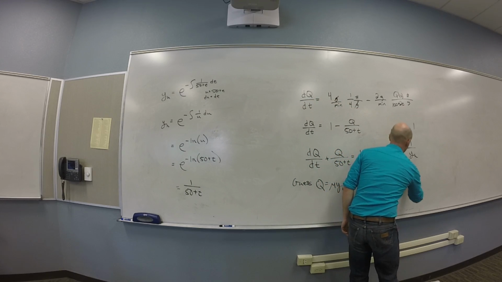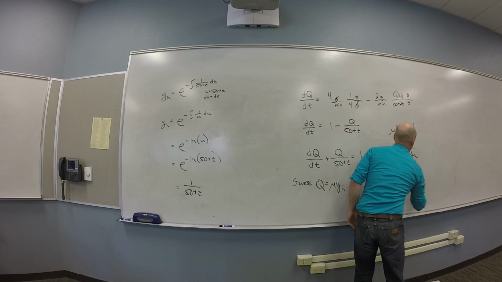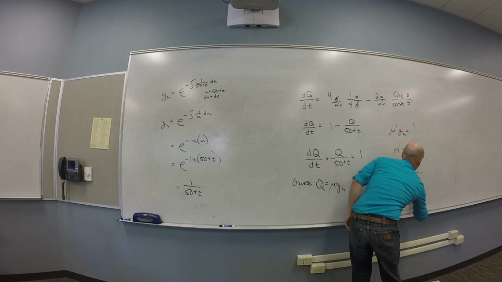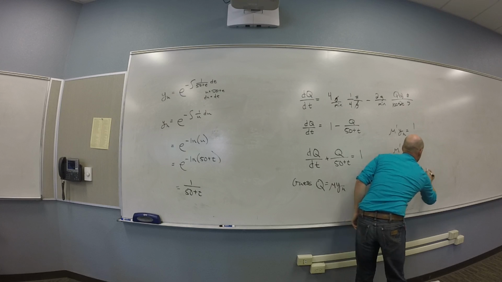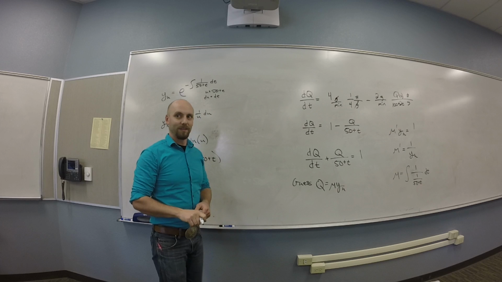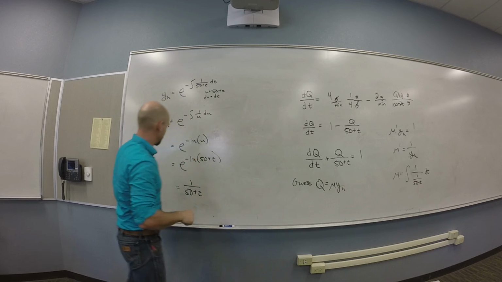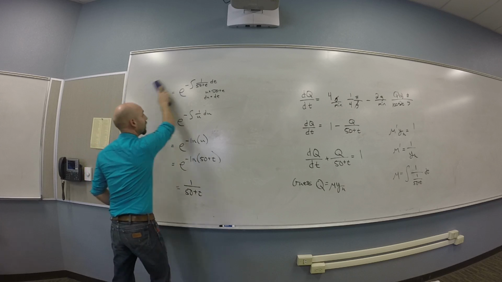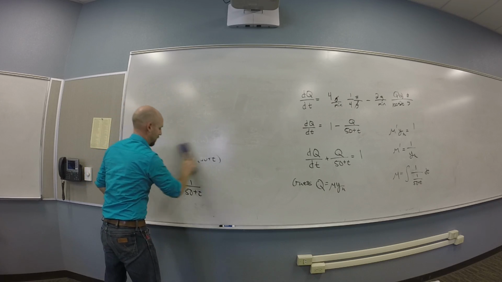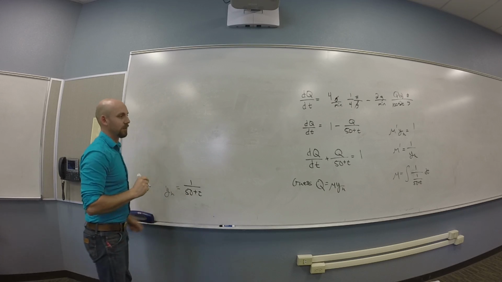So mu is going to be the integral of 1 over 1 over 50 plus t dt, times yh.